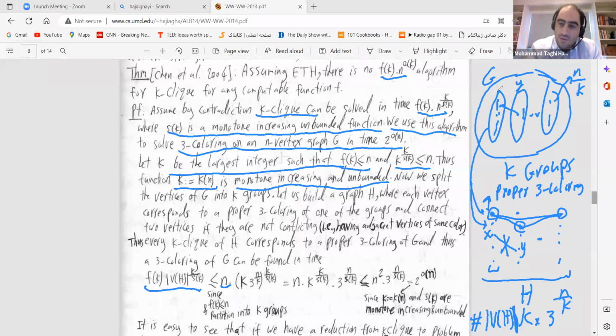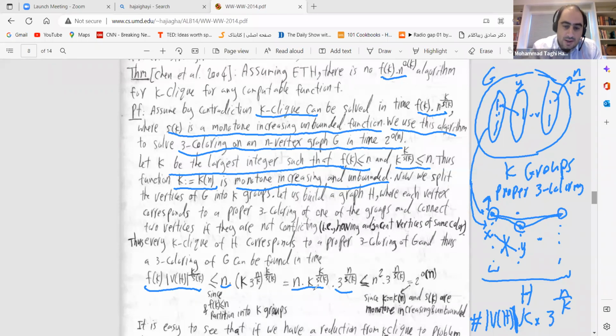Why? Because n over k vertices exist in each of these groups, and each of them can have 3 colors. So the number of vertices of H is k times 3 to the n over k, and then to the power of k over s of k. So we have this inequality. Then we just expand this one, which would be n times this times this. Now, k to the k over s of k, we have assumed that it is at most n as well.